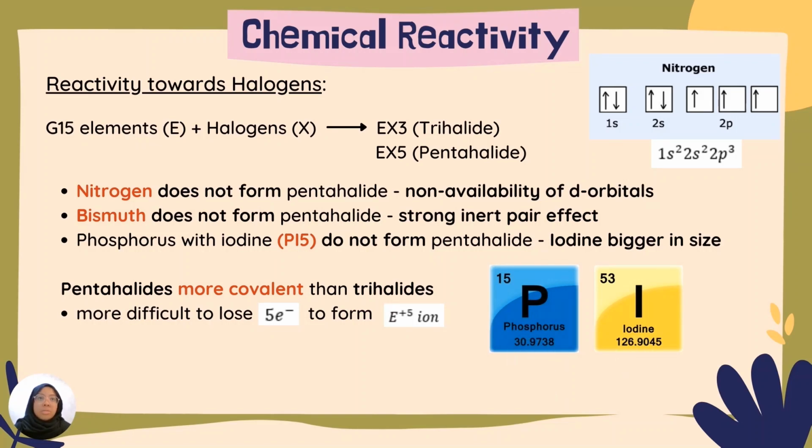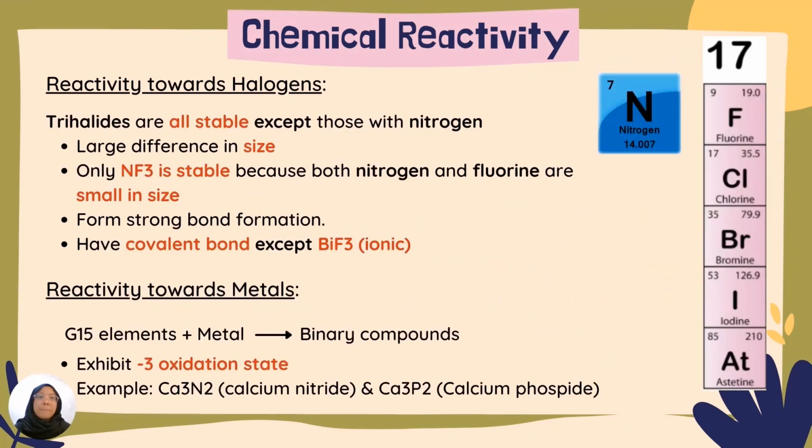Pentahalides are also more covalent than trihalides. They cannot form ionic compounds because it is more difficult to lose 5 electrons to form an E5+ ion. So they share electrons. All trihalides are stable except nitrogen. Nitrogen trihalides are unstable because of the large difference in size of nitrogen and halogen atoms.